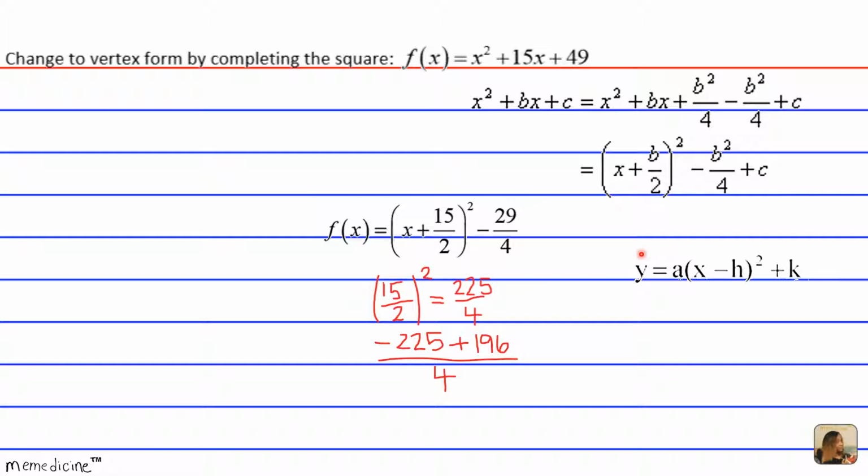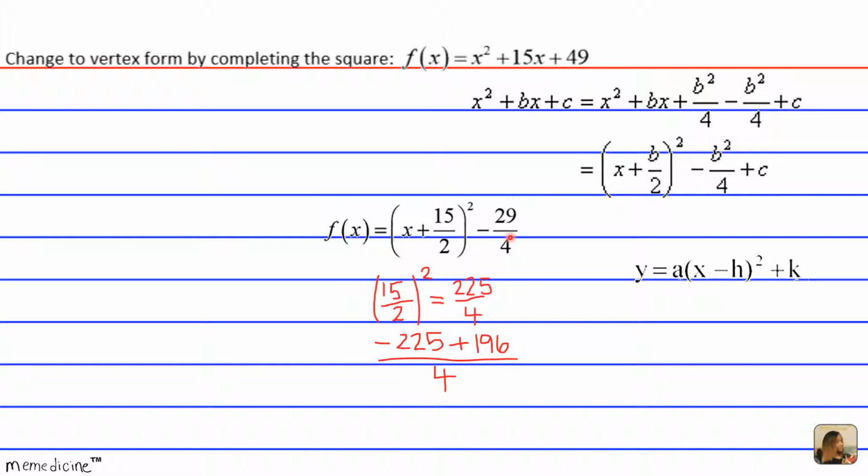f of x, which is synonymous with y, equals a, our a here is 1, times x plus 15 over 2, or minus negative 15 over 2. So negative 15 over 2, the negative is hidden here, is our h term, squared plus k, or plus a negative 29 over 4.